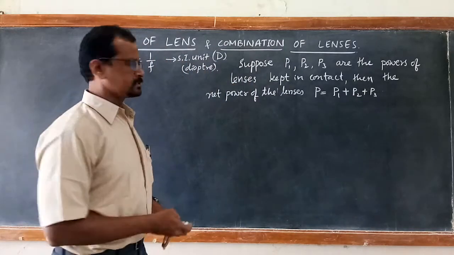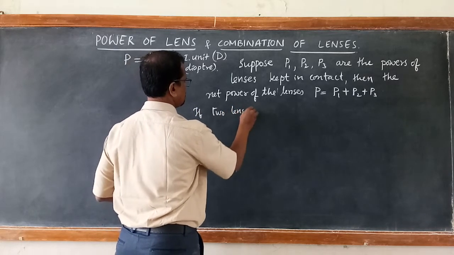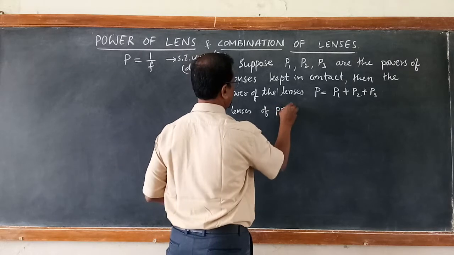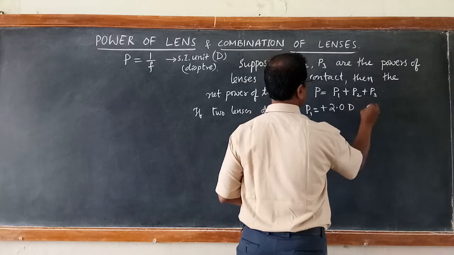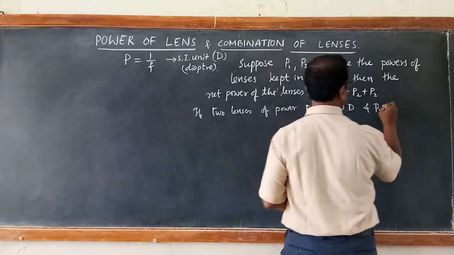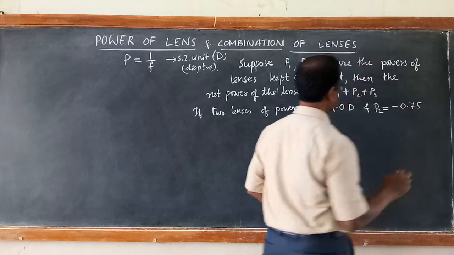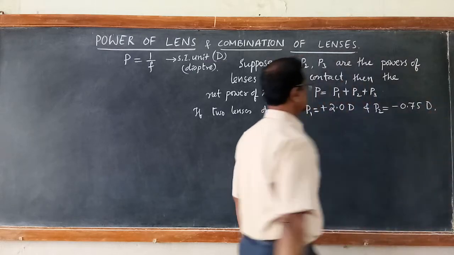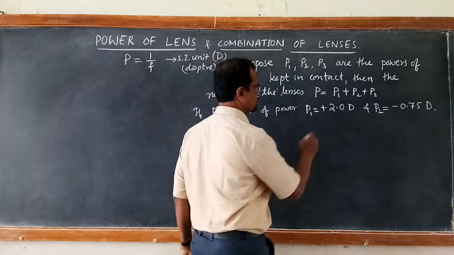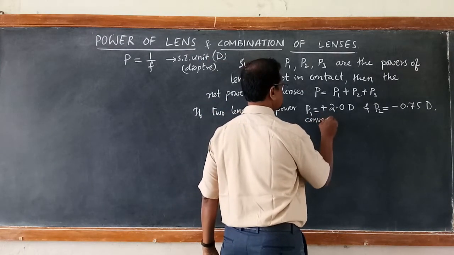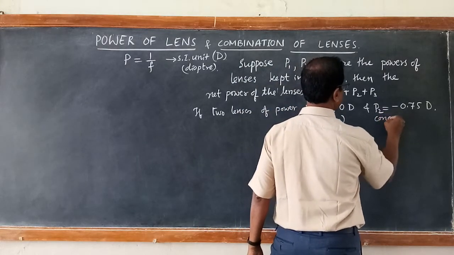Suppose you have taken only two lenses. If two lenses of power P1 equal to plus 2 diopter and P2 equal to minus 0.75 diopter, then, if you can see, the positive power represents convex lens and the negative power of the lens represents concave lens.